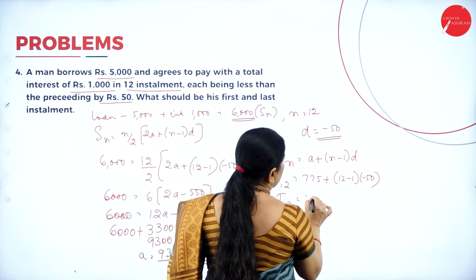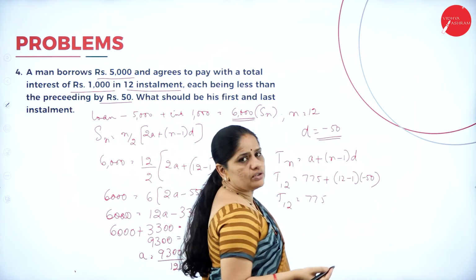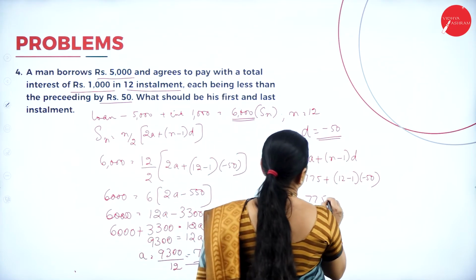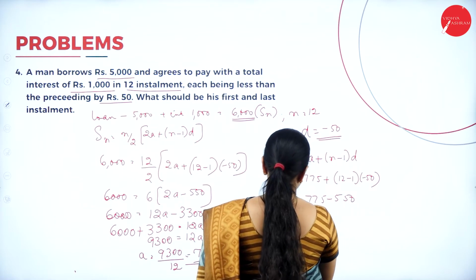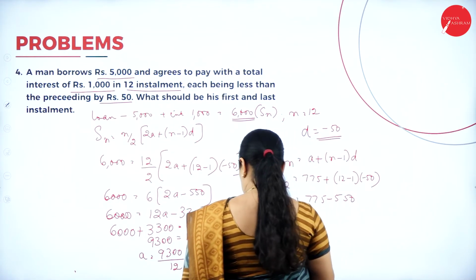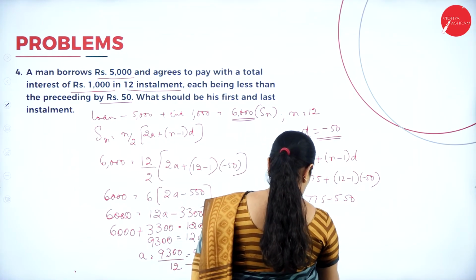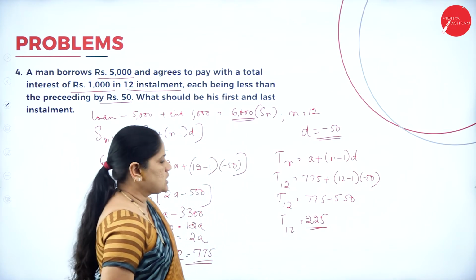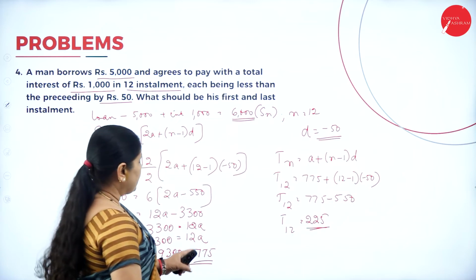So T12 equals 775. So 11 into minus 50, so I get minus 550. So this T12 will be equal to 225 rupees. So the last installment he has paid is 225, whereas the first installment he has paid is 775 rupees.